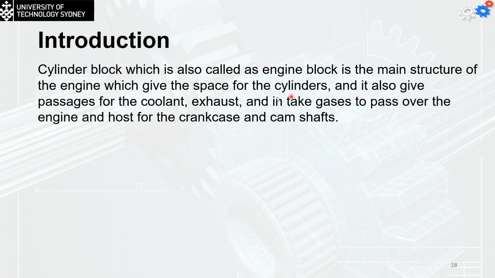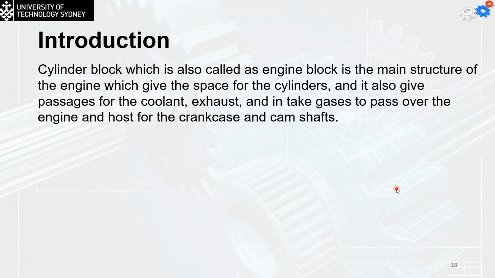The engine block gives a space for the cylinders. Some cars have 2 cylinders, some have 3, some have 5, 6, 4, whatever the number is. The maximum number of cylinders in one car is 12, but 12 is normal in trucks, for example.